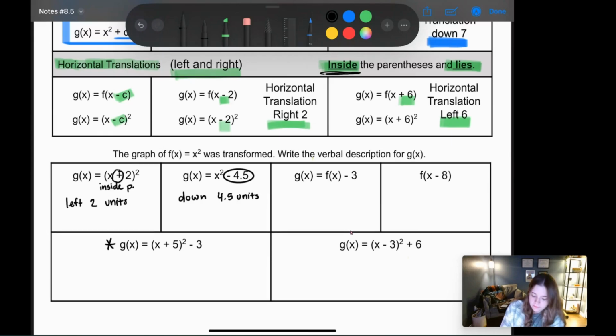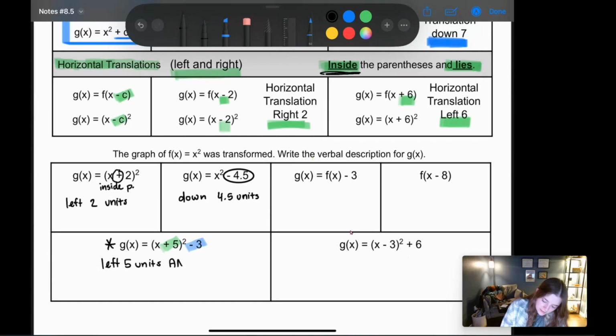It has both. We have a horizontal shift and we have a vertical shift, but that's okay because it still follows the exact same rules. Inside the parentheses is left and right, and it lies. So +5 is left 5 units.